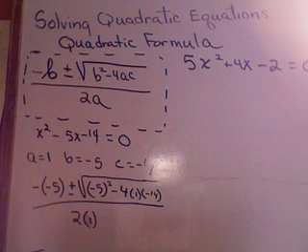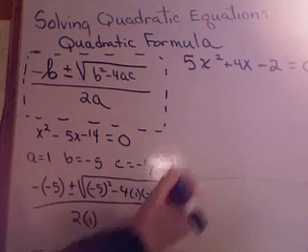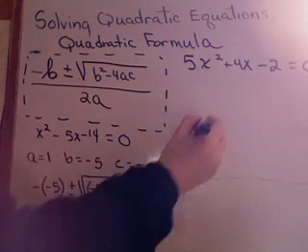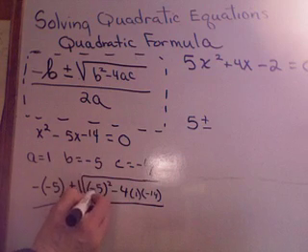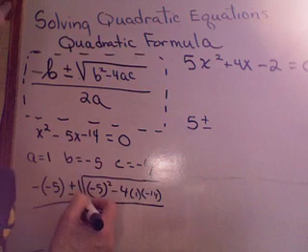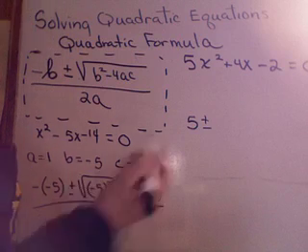All right, once you do that part, it's best to simplify and rewrite as much as you can. So I'm going to rewrite it over this side here. That's going to give me a 5 plus or minus, all right, negative 5 squared is 25. 4 times 14, using the calculator, 56.